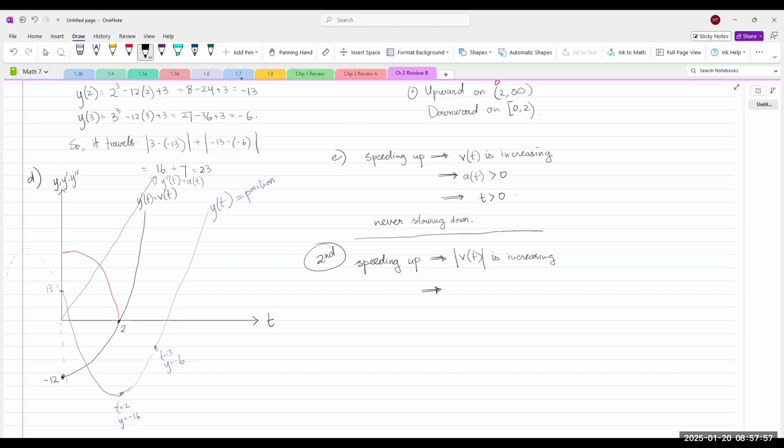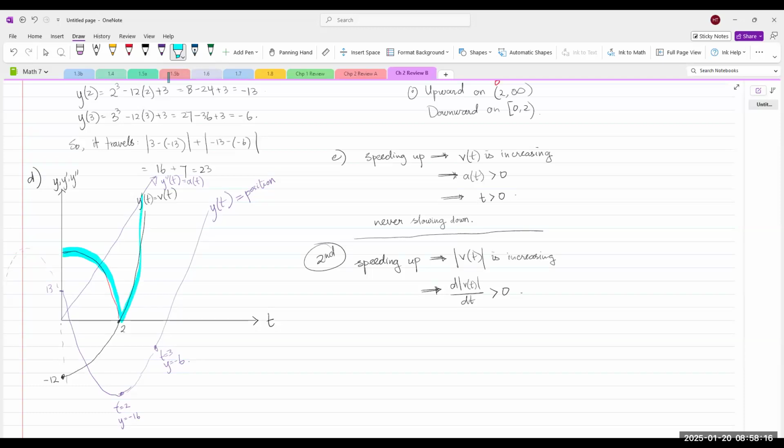The derivative d absolute of Vt dt is positive. The slope of that derivative is the slope of this graph here. The slope of this graph here is positive.